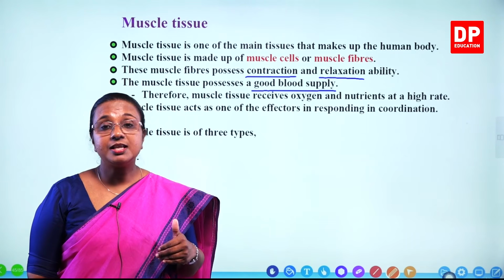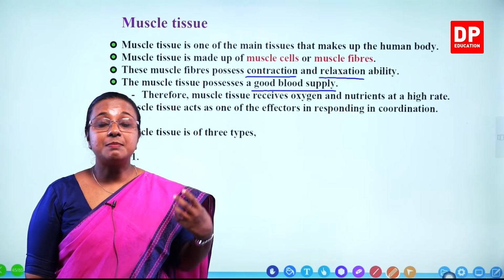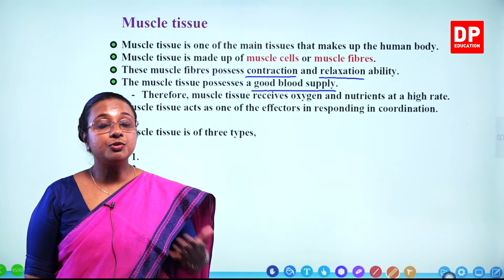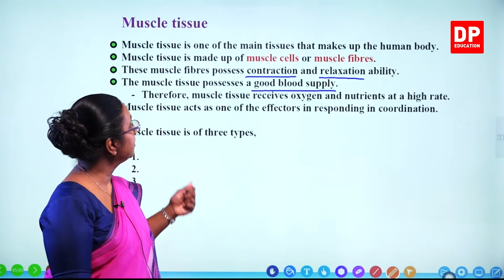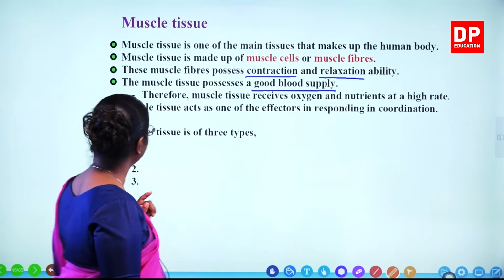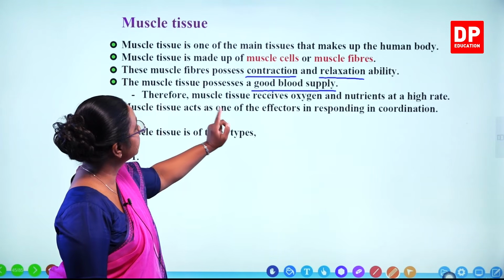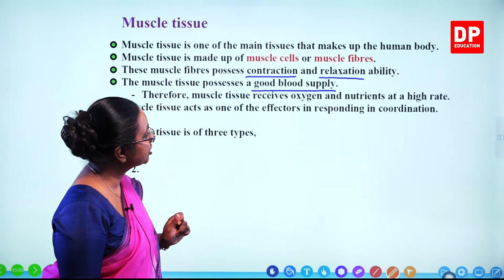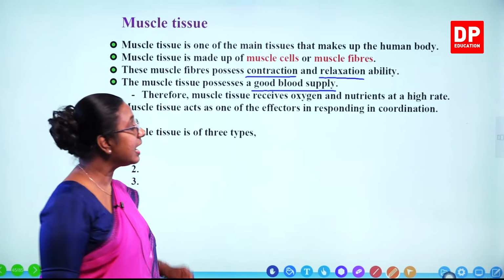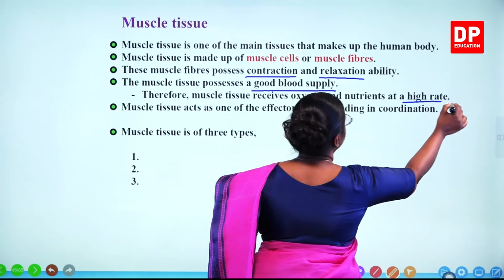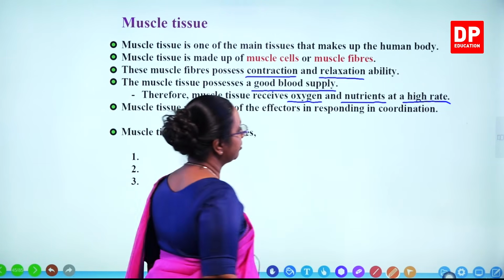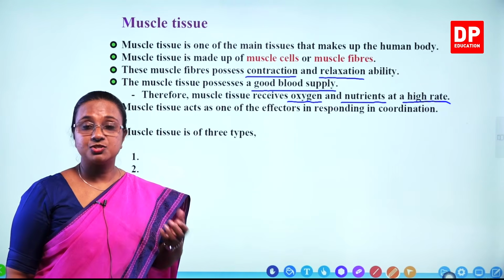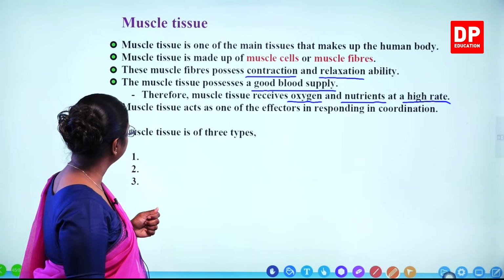So for cellular respiration to take place, the muscles need to have glucose as well as oxygen. That is provided by the good blood supply. Therefore, muscle tissue receives oxygen and nutrients at a high rate. So they can function easily.